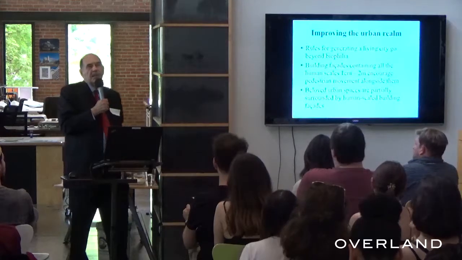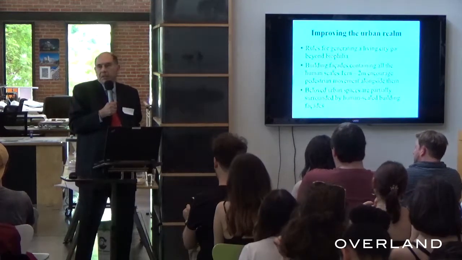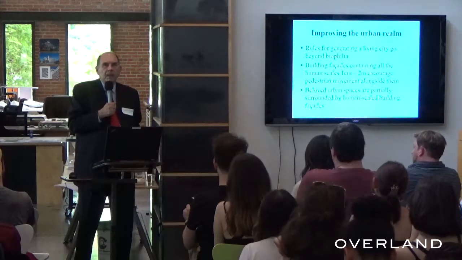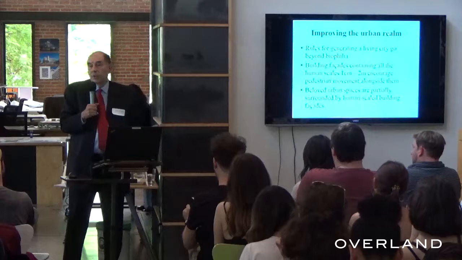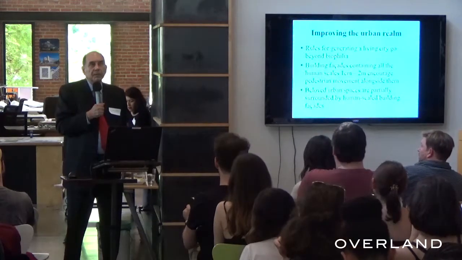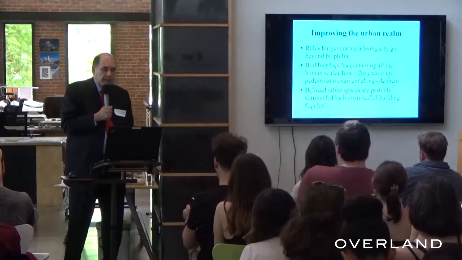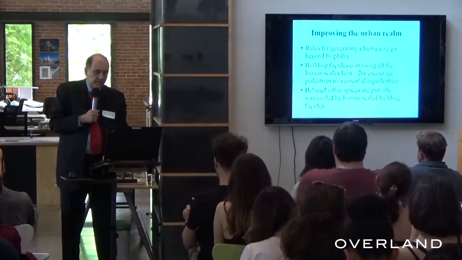Because urban spaces, we haven't had a decent urban space built for decades. People don't want to go to the new urban spaces, because they have forgotten the configurational principles for creating a successful urban space.